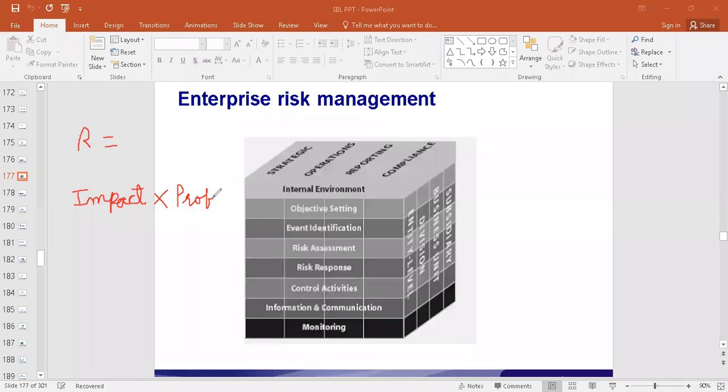Basically the response is in terms of the attitude of the individual or the organization. So what is their attitude? Do they want to take up risk? If they want to take up risk, why take up risk? Just now, a few minutes back, we discussed that the reason to take up risk is maybe to increase the financial returns and have a competitive advantage. So they can come forward, take up the risk, accept risk.